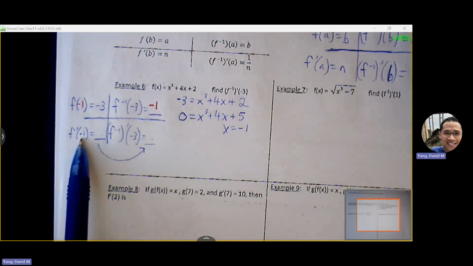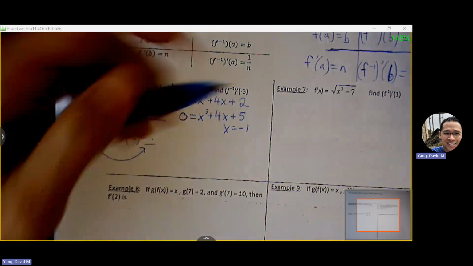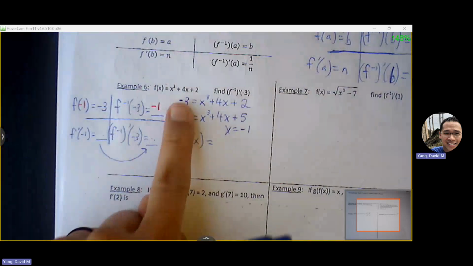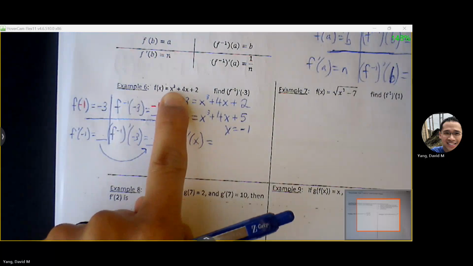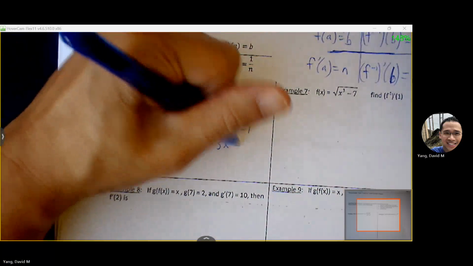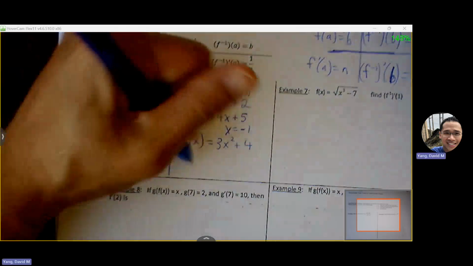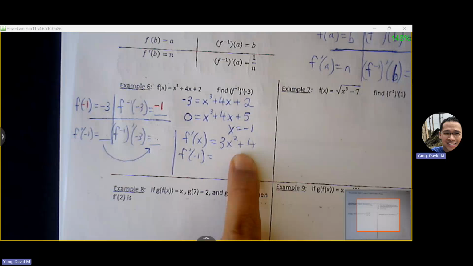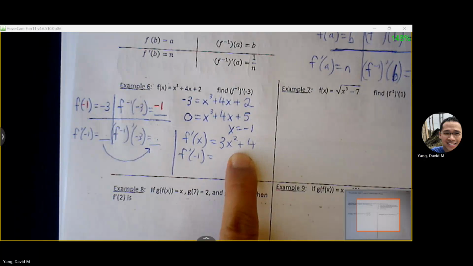Yeah, before I can find the slope, I need to find the derivative. So the derivative should be pretty straightforward. What's f prime of x? Plus 4. So f prime of -1 is equal to, what's the slope of the f graph at -1?